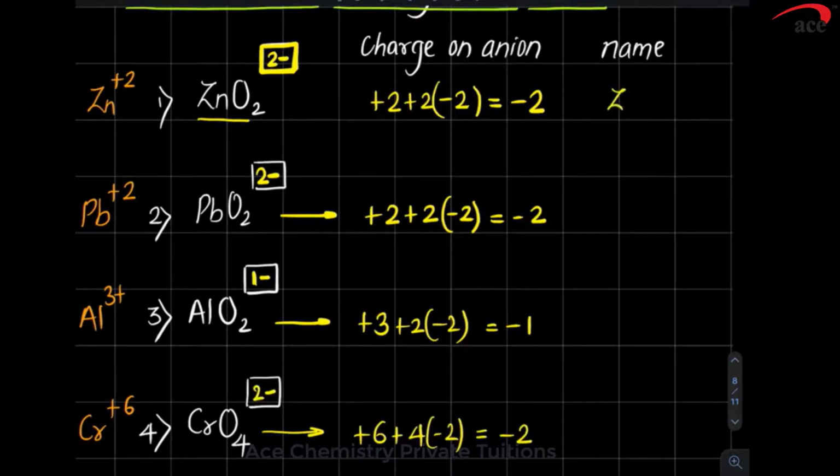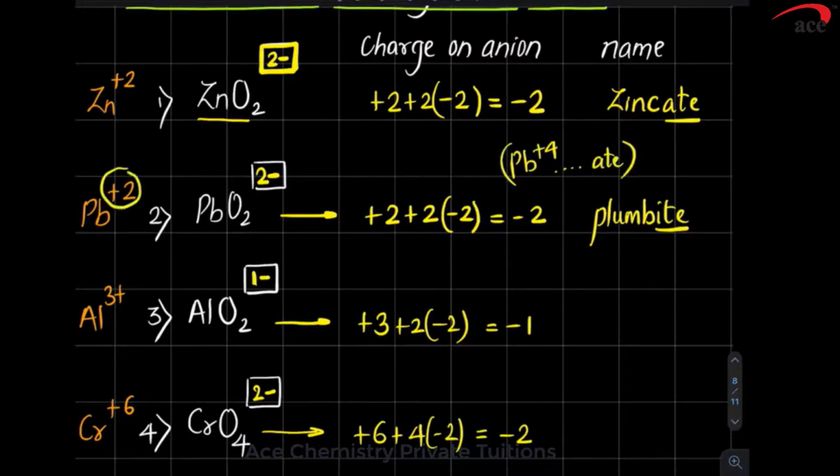Now, this ion gets the name zinc with the suffix ate, zincate. While this gets the name plumb because it's coming from lead, and gets the suffix ite, plumbite. Why? Because there is a lead with +4 also. That would have been called plumbate. But this is with a lesser oxidation state or valency, therefore ite, plumbite.